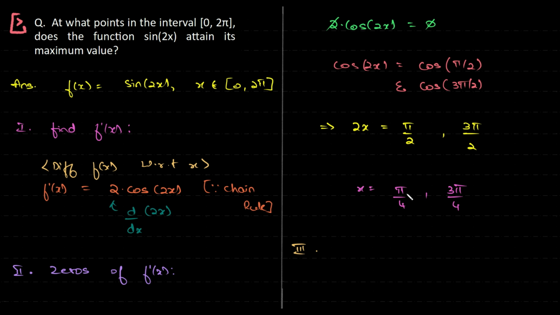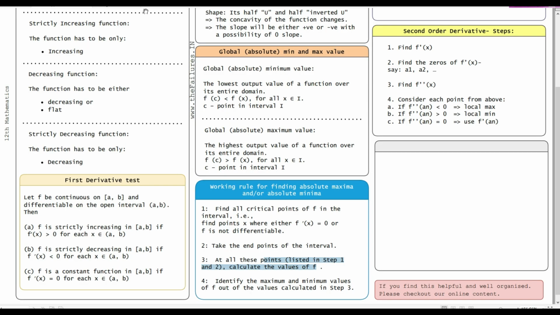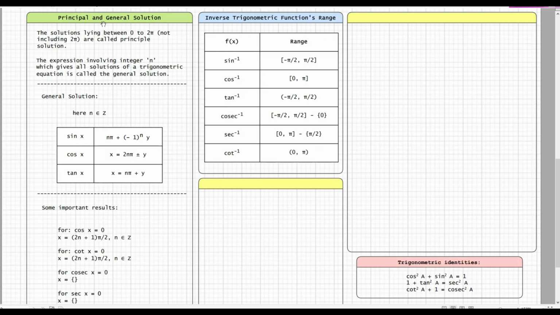So when it comes to 2x, we need to find other possible values wherein cos of 2x is 0. For that we have to go to the general solution.